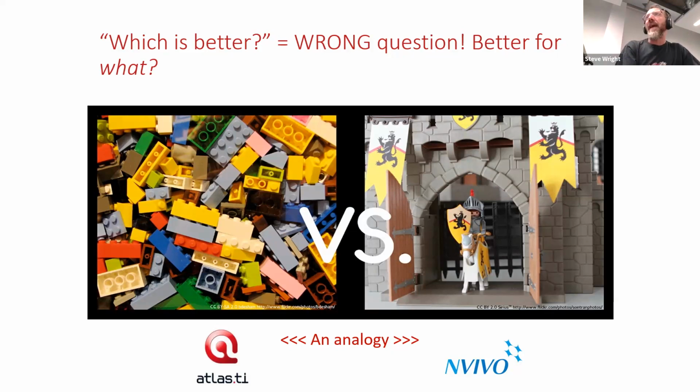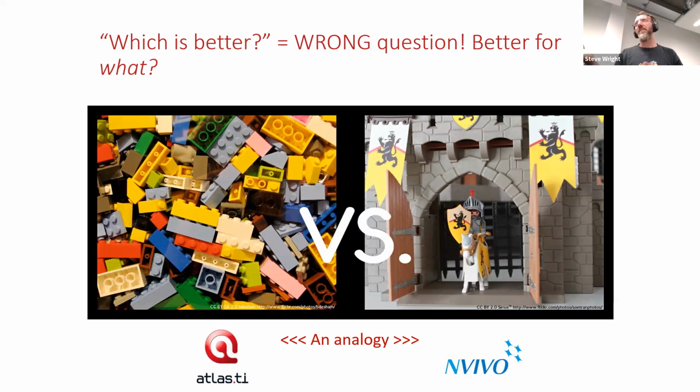Atlas TI is a bit more like Lego. You've got to build that castle from the ground up. But having got most of the way through a very fixed systematic review, you may realize that actually you want to go further on 20 of those papers and do a real narrative synthesis of them. Atlas TI is really good at being able to rebuild it into a different shape.